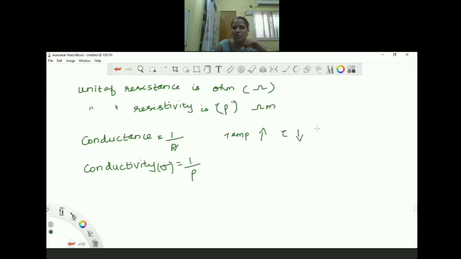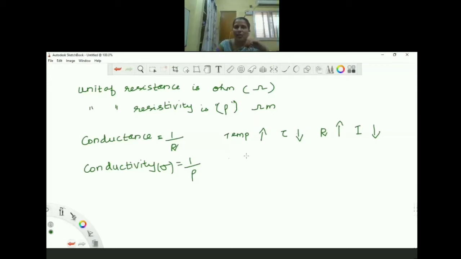If relaxation time decreases, the resistance will increase. If the resistance increases, then the current will decrease. So in good conductors or metals, as temperature increases, relaxation time decreases, resistance increases and current decreases.